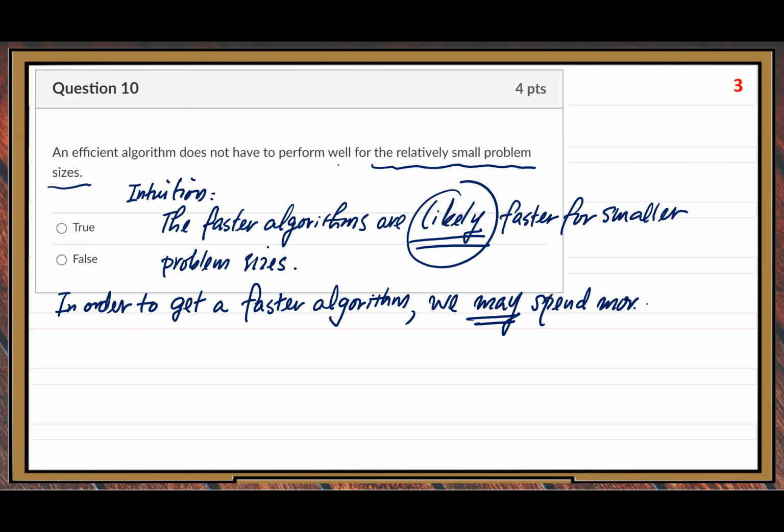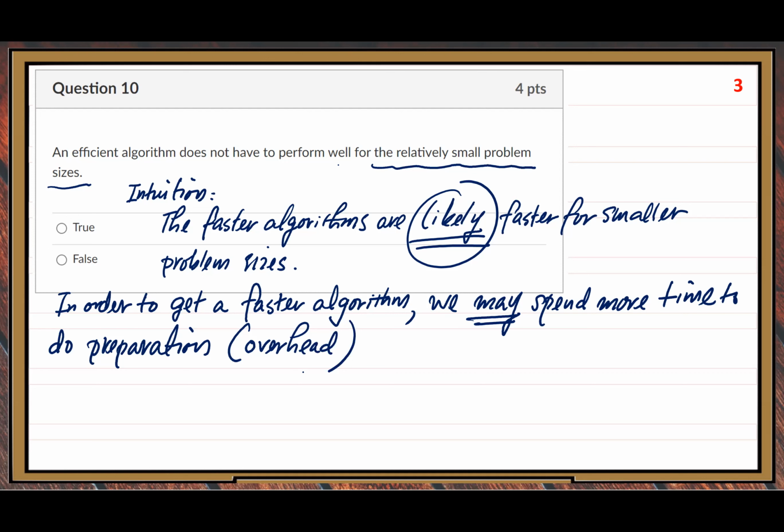more time to do preparation. To do preparation, okay? This part, many times we call overhead. You need to spend time to do preparation, because faster algorithms are not free, right?